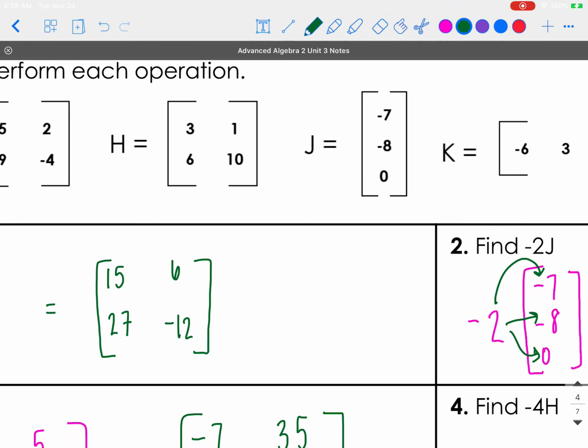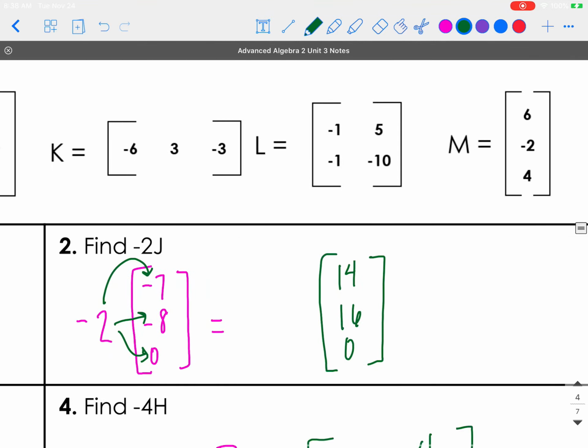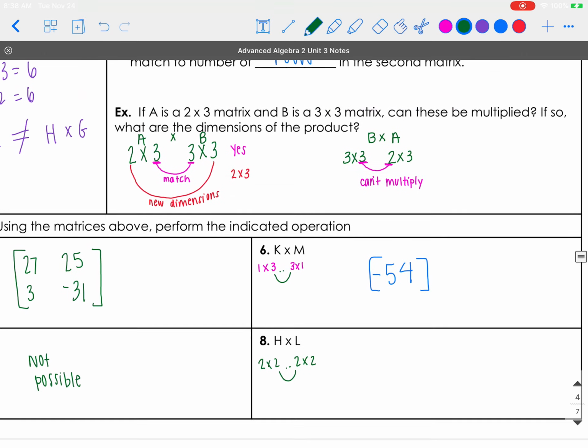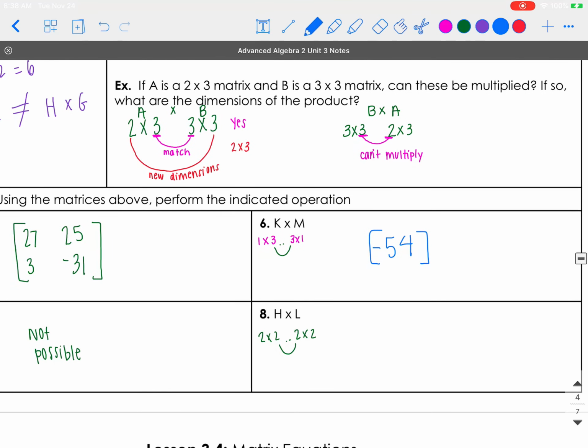Then I'm going to type 3, 1, 6, 10, times alpha zoom L: -1, 5, -1, -10. And we get -4, 5, -16, and -70.